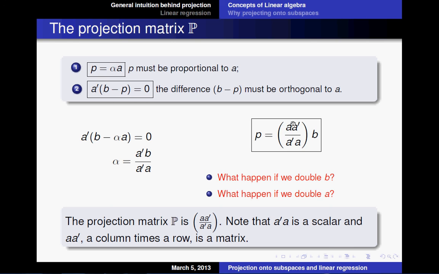So intuitively, nothing happens to the projection when we double A, just because the space we are projecting on doesn't change at all.